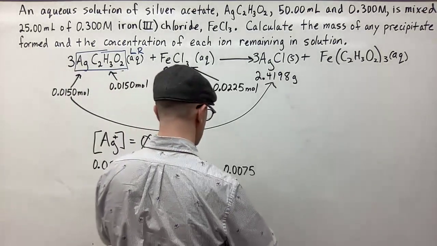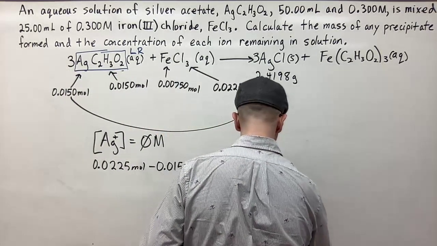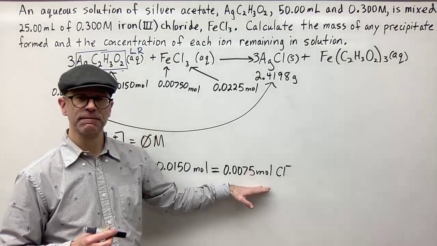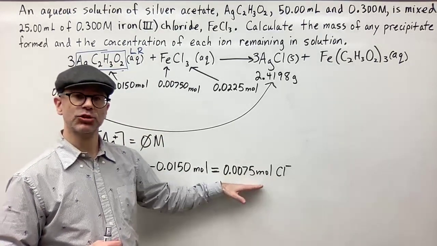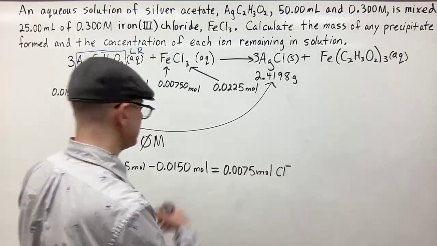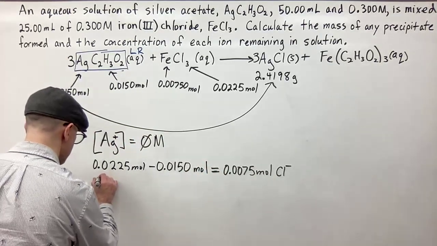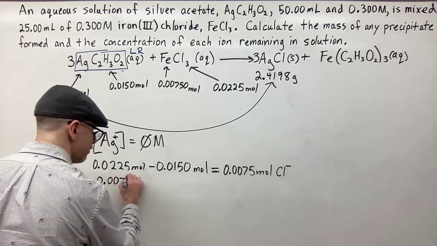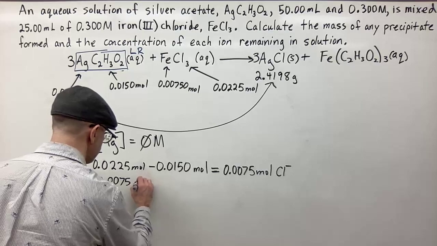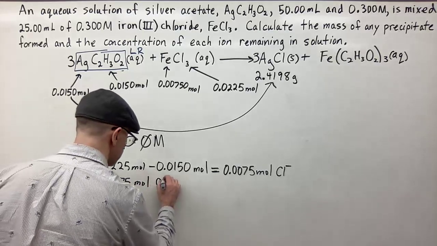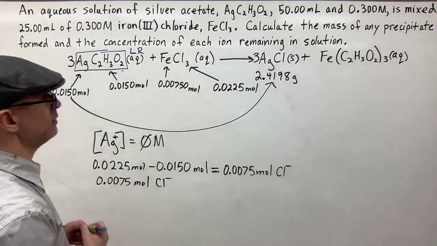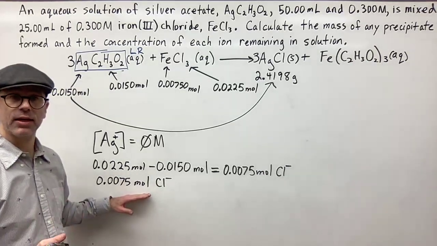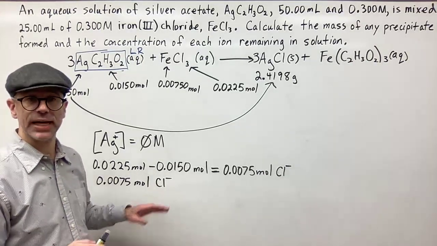So this is the number of moles of chloride ion left in solution. So now to get the concentration in molarity, I just take this number, 0.0075 moles of the chloride ion, and I'm going to divide that by the number of liters I calculated.